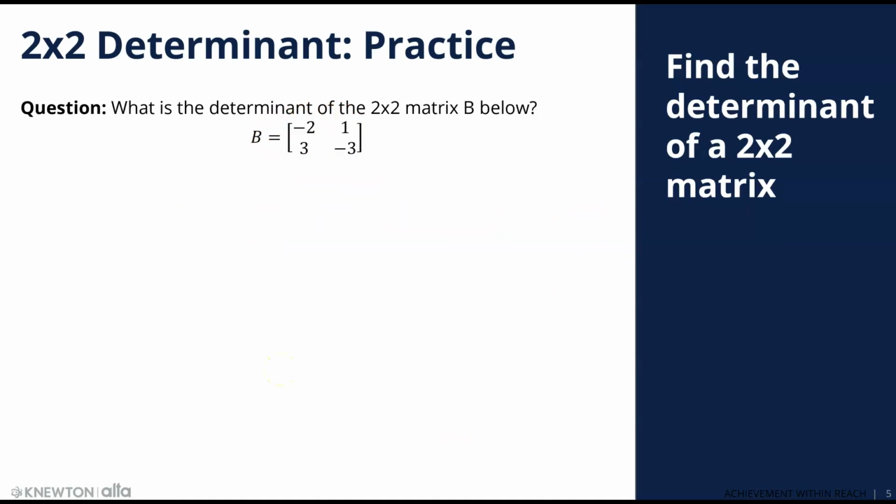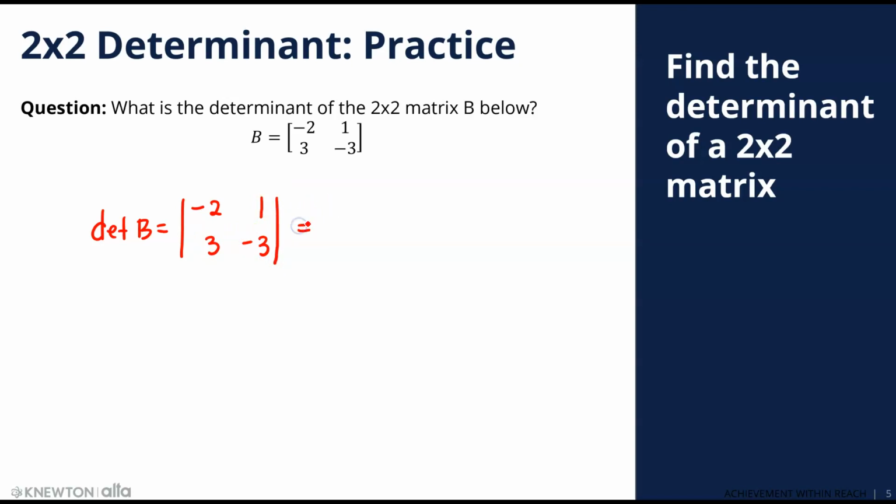Another example, what is the determinant of the 2x2 matrix B below? To get the determinant, we are just going to list down the determinant of B, list down the elements of the matrix B, and then use this straight line bracket. So we have negative 2, 1, 3, negative 3.